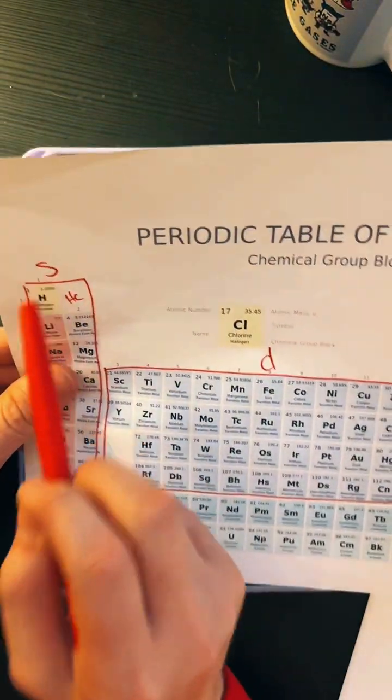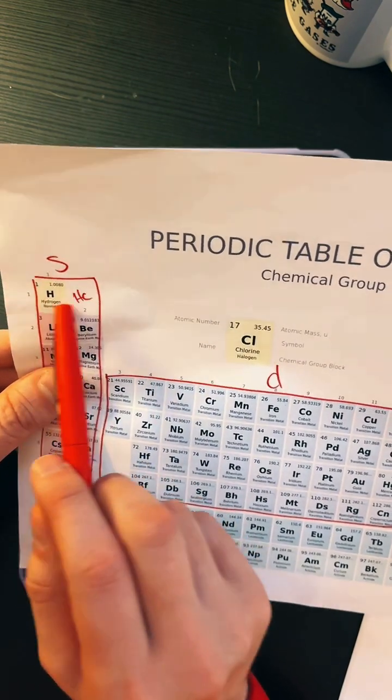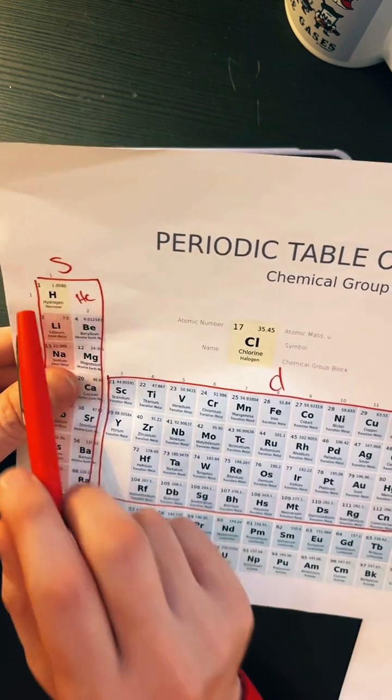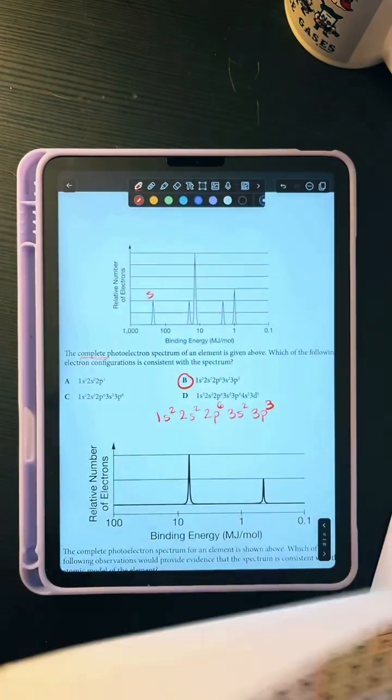As we start up top, we always start with an s block, and we will go 1s, and completely fill it. Each element we pass brings another electron, and then that will be 2 electrons.